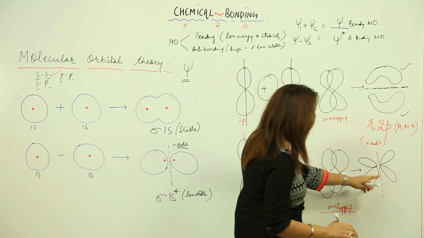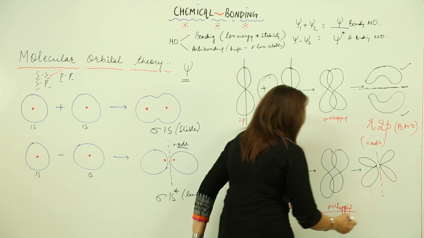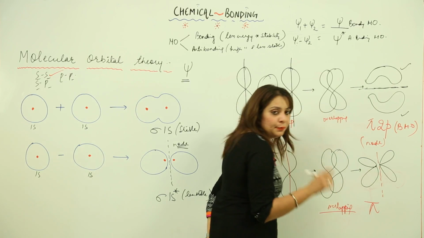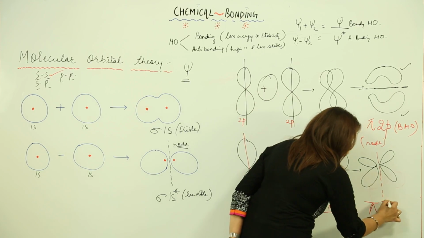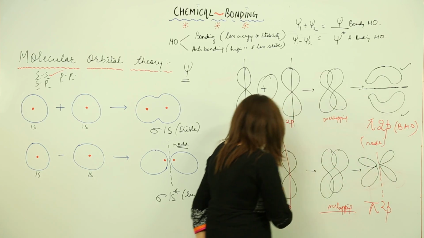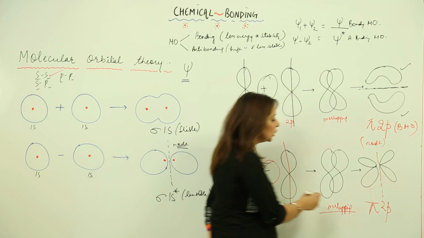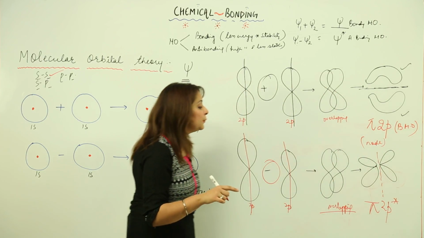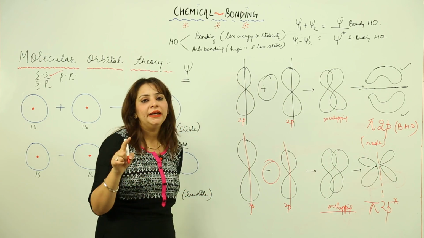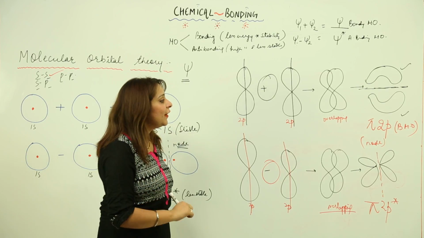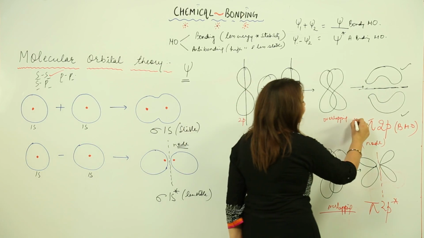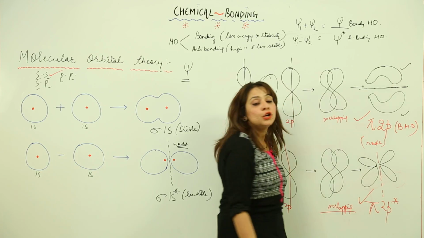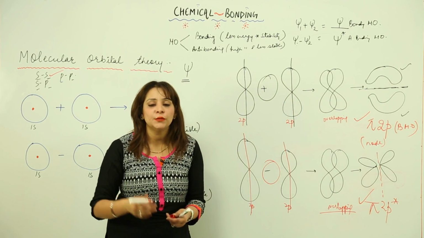And how do I need to designate this kind of electron cloud? Obviously a sidewise overlap, so that means pi 2p, and since the wave function is just being subtracted, it is my anti-bonding, so I need to put an asterisk sign and it will be pronounced as pi 2p star. If I compare the energies of pi 2p and pi 2p star, obviously it is going to be the same as we did before.